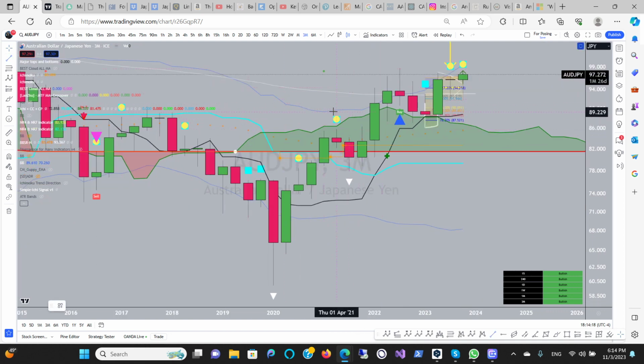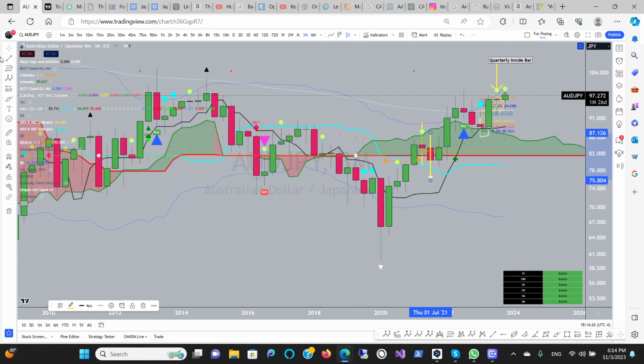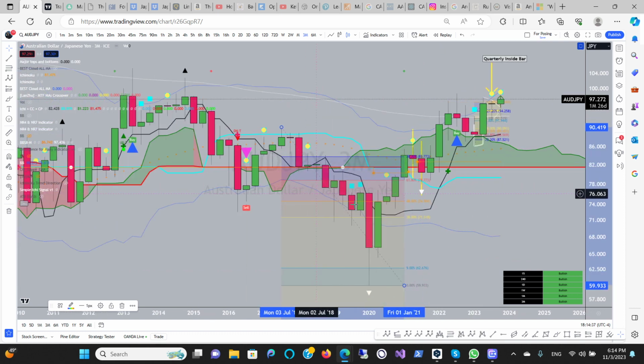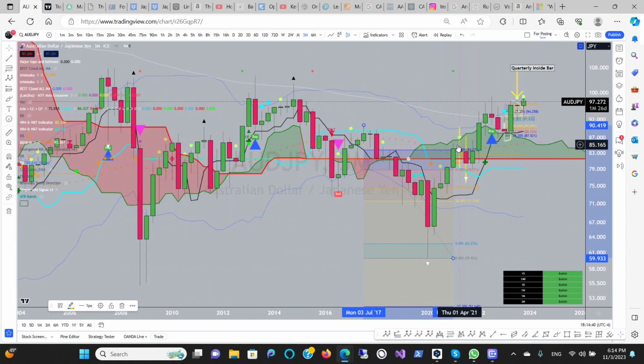Let's take a look at this one here. And probably we see the price retrace. It fell down from here, and it retraced about 618, 78% in the cloud. So we know that when it retraces this level, it's going to find some resistance here.